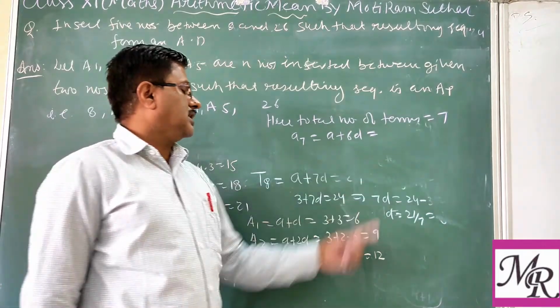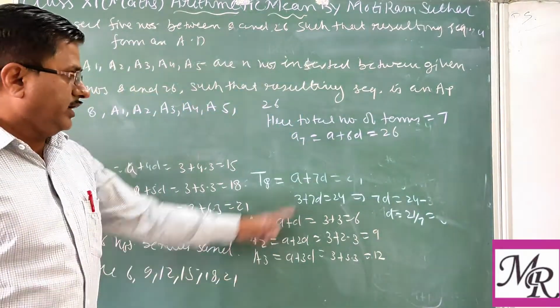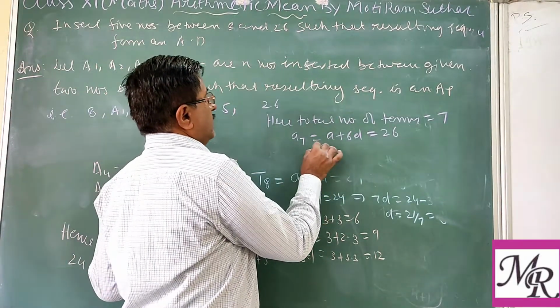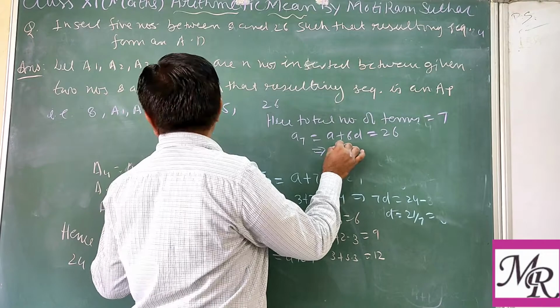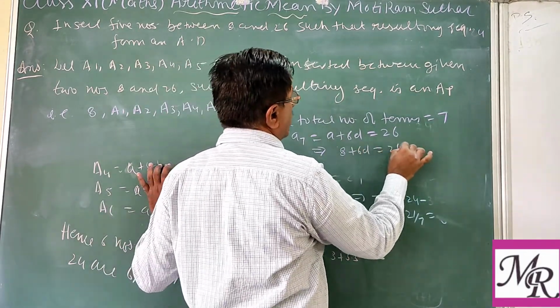What is the value of the 7th term? That is 26. A is already given, so put the value of A. That is A plus 6D equal to 26.